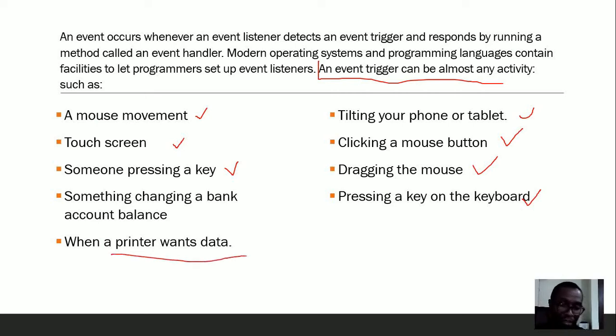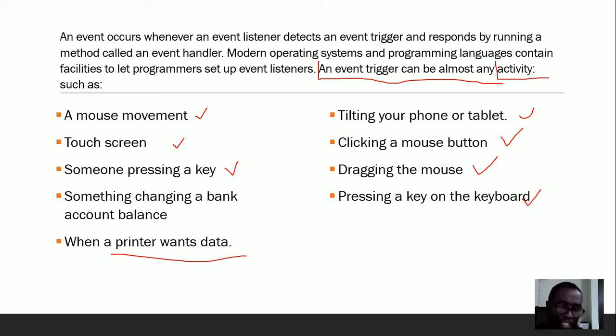Maybe you sent a document to be printed, and the printer finished and requires something. So all these events are triggered by some activities. So activity would help us know some of these events.